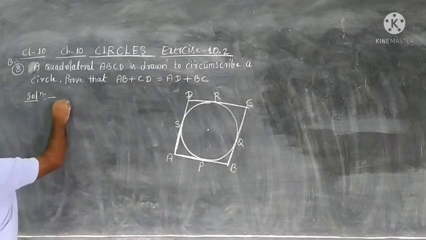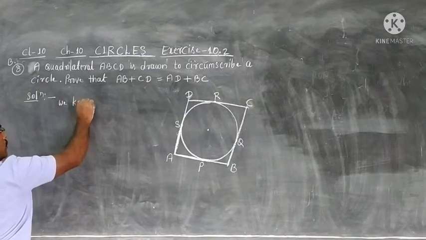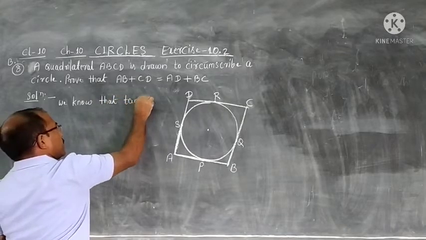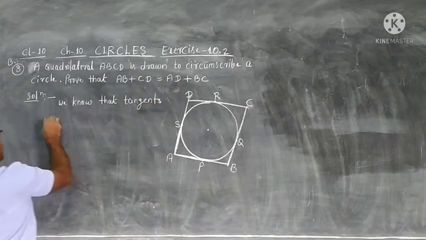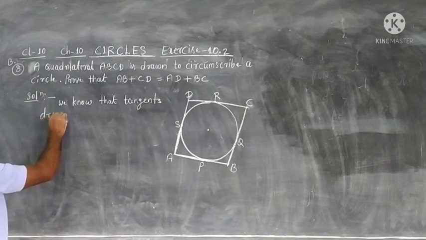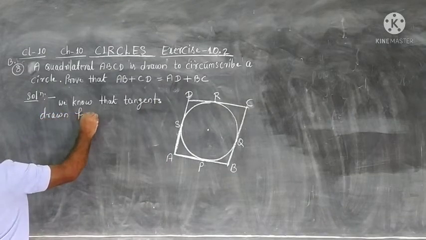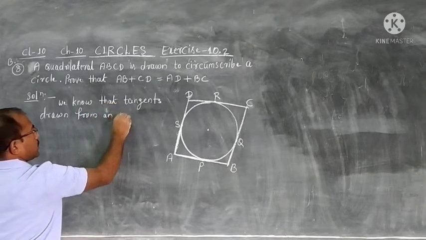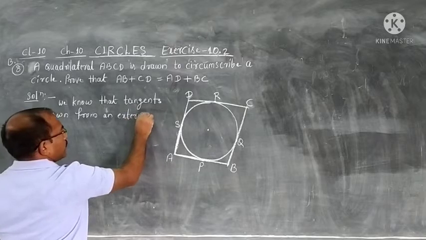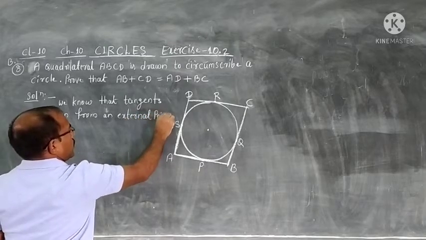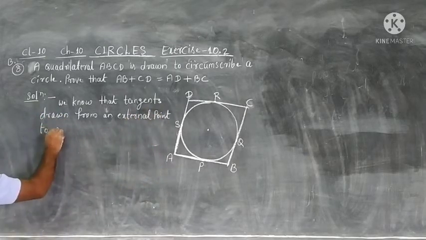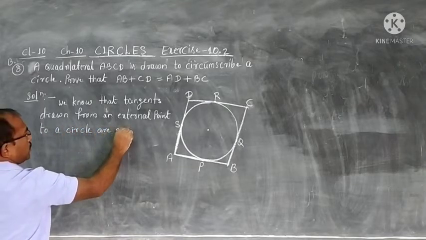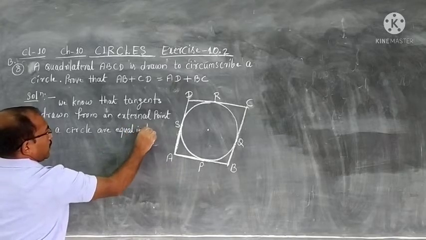So we will start. We know that tangents drawn from an external point to a circle are equal in length.